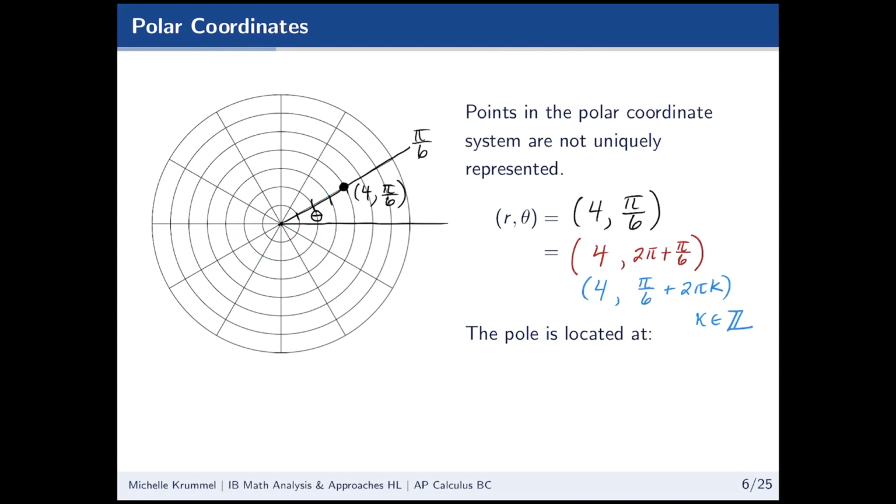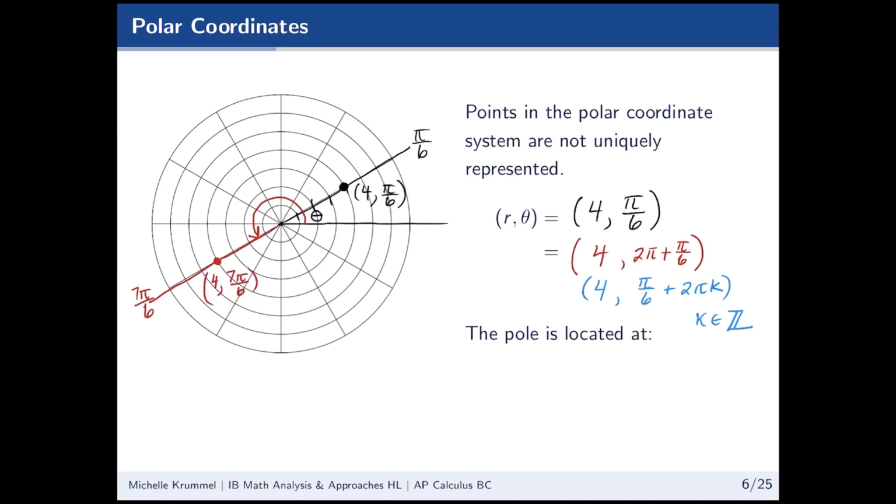But let's consider the angle that starts on the polar axis and terminates right here. So this is not the angle pi over 6. It's the angle pi over 6 plus pi, or 7 pi over 6. Now, if I use the angle 7 pi over 6 and an r value of positive 4, my point would be right here. This is 4 comma 7 pi over 6.